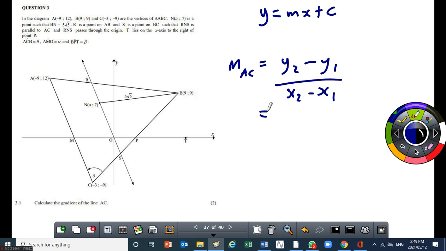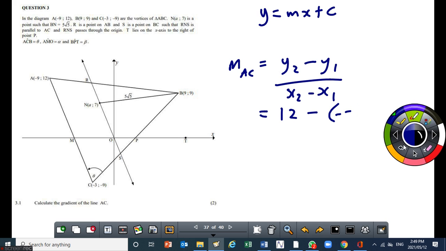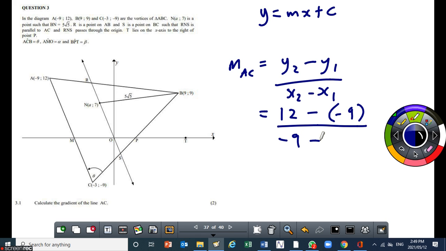I'm going to choose point A. So the 12 is going to be my y2. My y1 is going to be minus 9. It's your choice. So that will be minus 9 in the brackets, all over. My x2 is going to be minus 9 and my x1 is going to be negative 3.